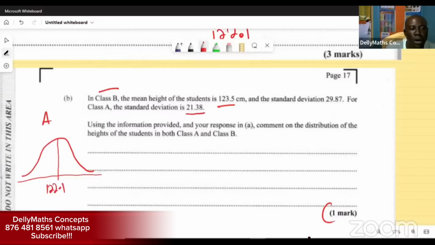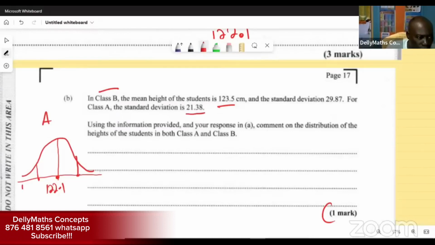122.1. The standard deviation is 21.38, which means that it goes down to here and comes up to here. So you subtract 21.38 from this and you add it to it to get 2 other bars to show how the scores were spread out. You're not required to work this out really, I'm just doing it so that I can explain it to you.